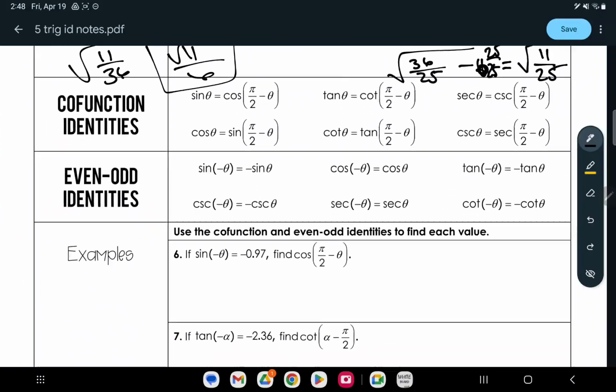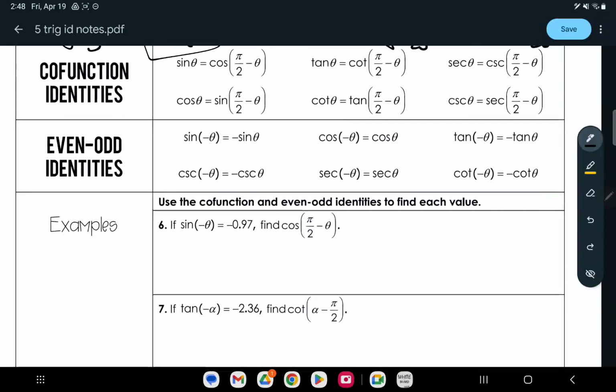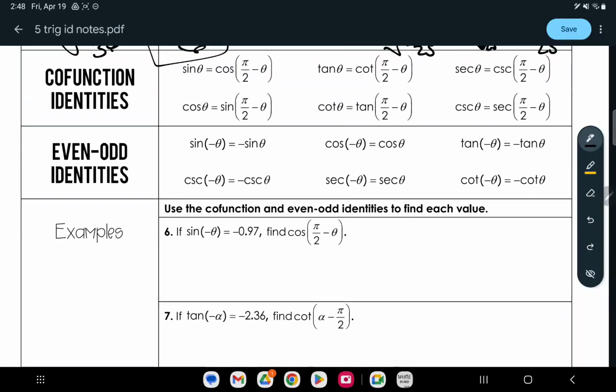All right, here's some co-function and even and odd identities. So sine of negative theta equals negative 0.97.